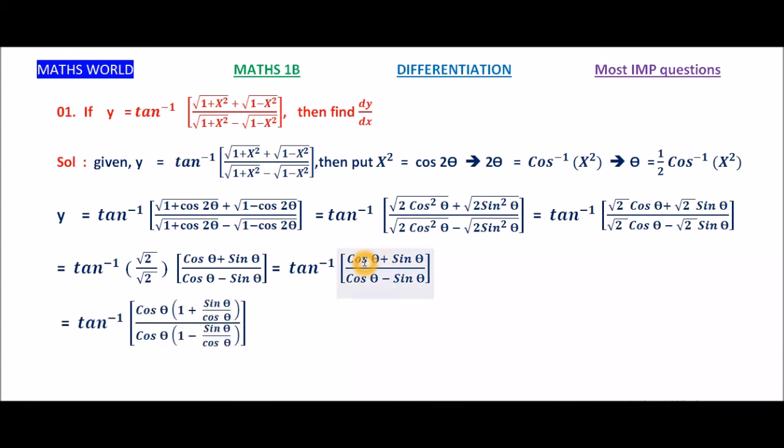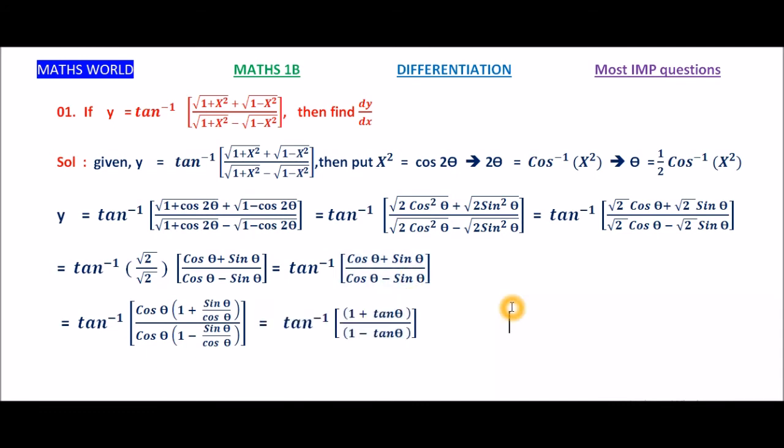And from the problem, just take common cos theta here. Tan inverse, common cos theta: cos theta into (1 plus sin theta by cos theta). So cos theta into 1 is cos theta, plus cos theta into sin theta by cos theta will be cancelled, we get sin theta only. So common cos theta, then we get tan inverse of cos theta into (1 plus sin theta by cos theta) divided by, here also common cos theta, (1 minus sin theta by cos theta).